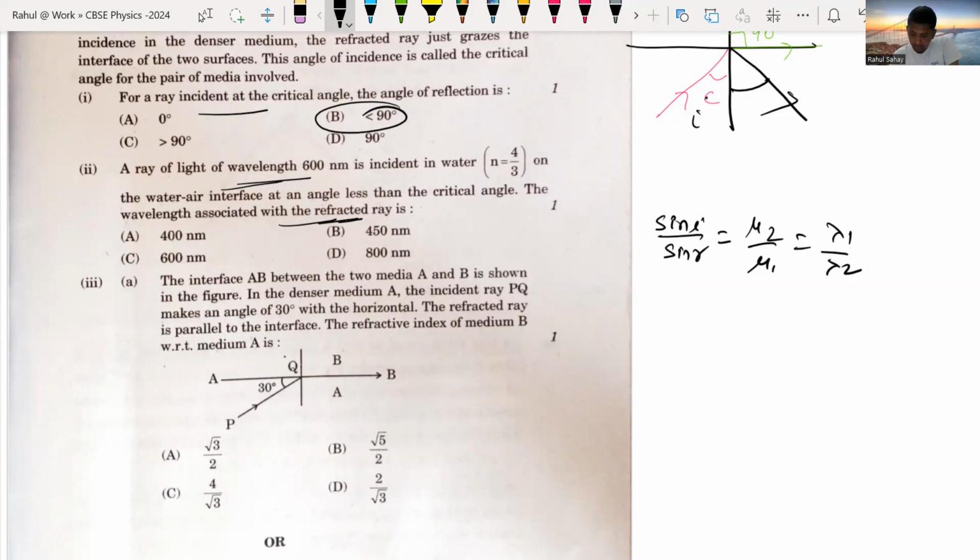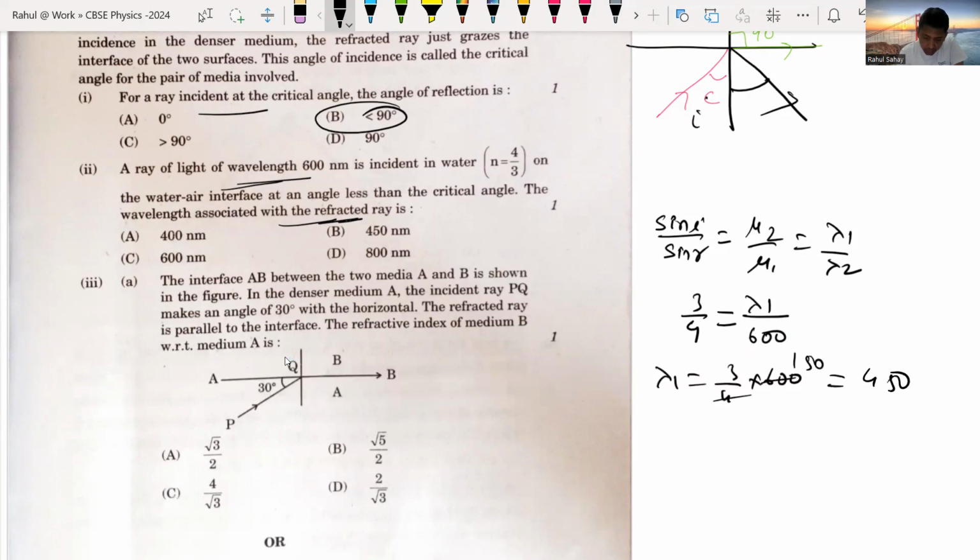Here mu2 is 1, this is 3 by 4, correct? Lambda 1 by 600. So lambda 1 is 3 by 4 into 600. That is how much?